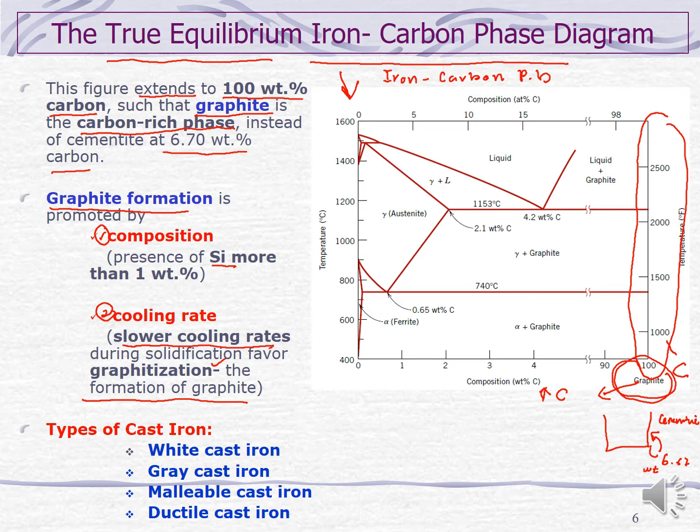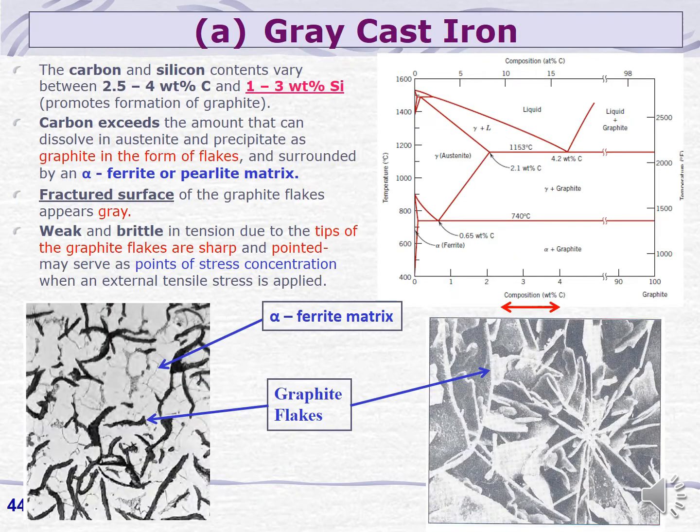There are four main types of cast iron: white cast iron, grey cast iron, malleable cast iron, and ductile cast iron. Now let's look in detail at these types of cast iron.